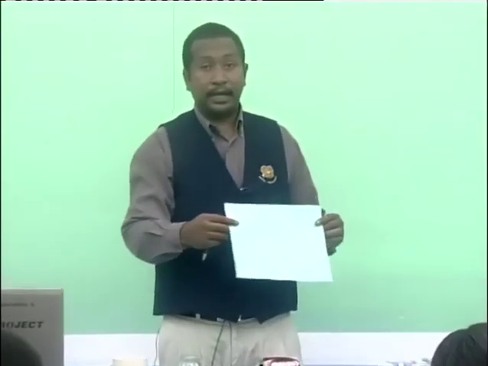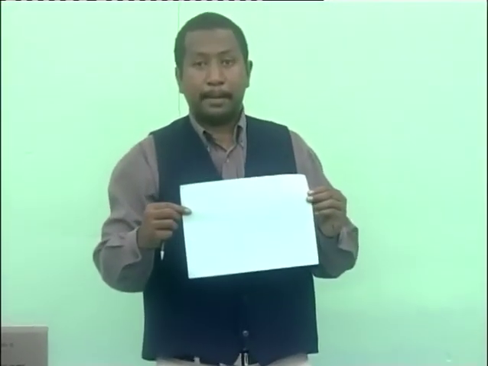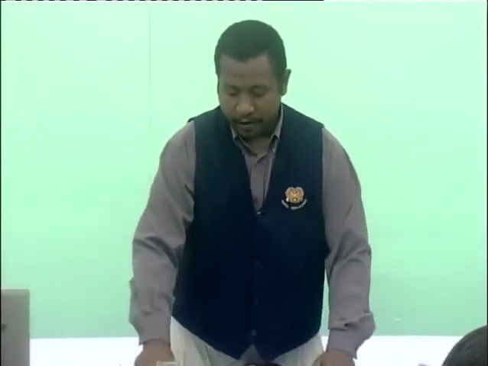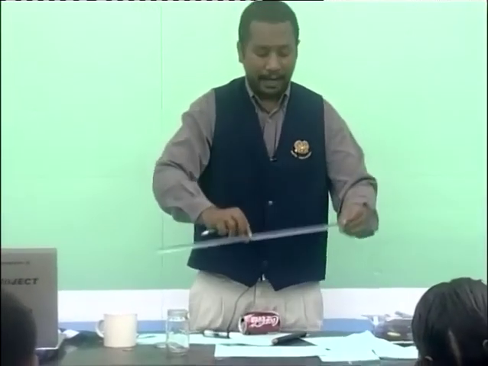Rule a straight line in the middle like this, and then you put the paper on the table again. You place the ruler along the straight line. Okay?